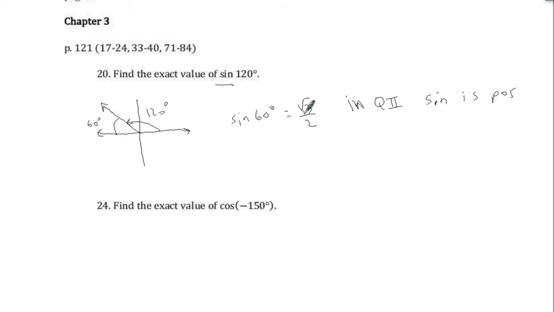So then that would be the sign on the square root of 3 over 2 to answer the question, sine of 120 degrees: positive square root of 3 over 2.